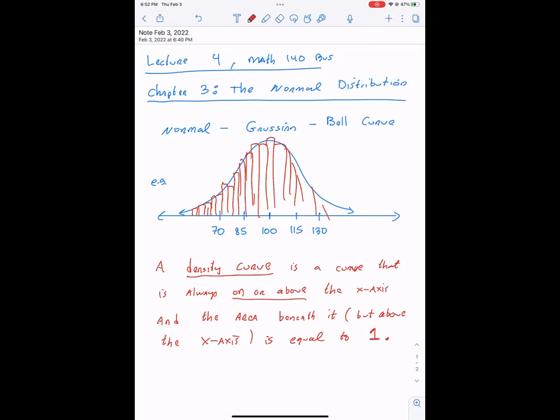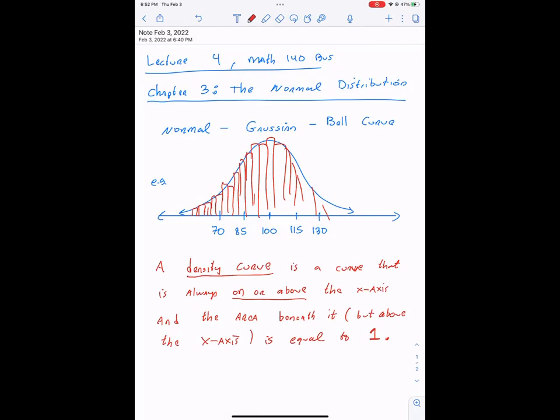And if you add up all the likelihoods of being in every one of those bars of a histogram, it has to add to 100%, because every sample has to be in one of those bars. So if you add up all the probabilities of all the bars, it's going to be 100%. And since any curve is representing the probability of landing in a certain bar, if you add up all of those bars, it has to add to 100%.